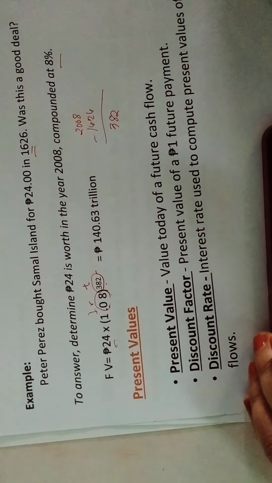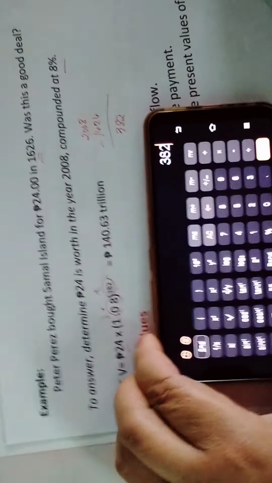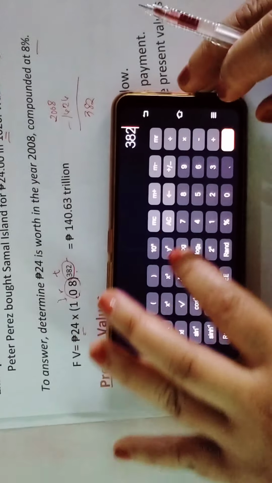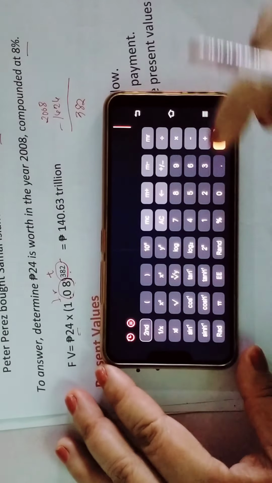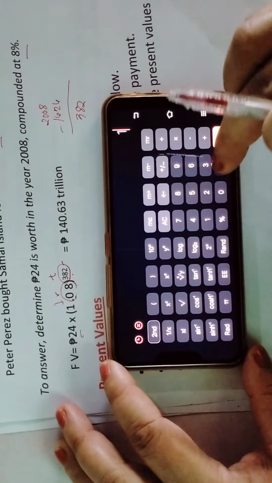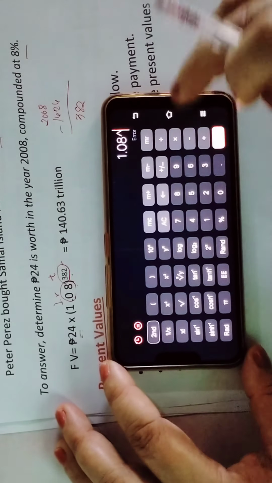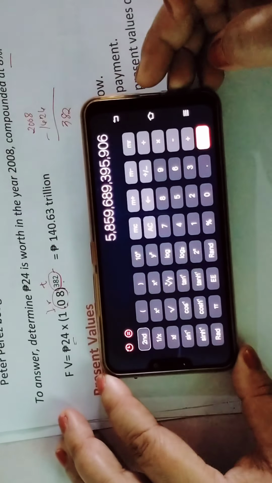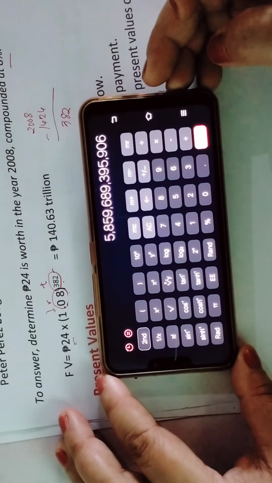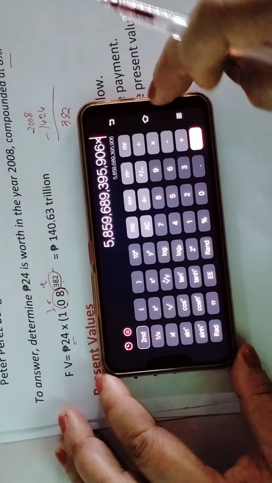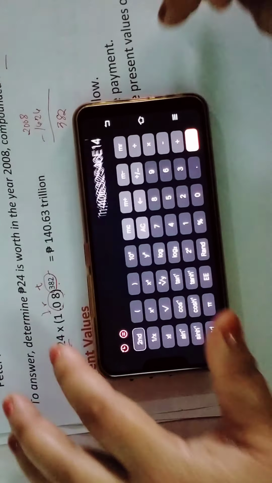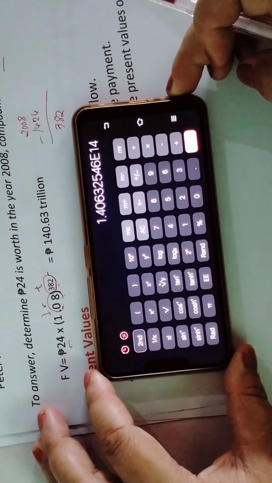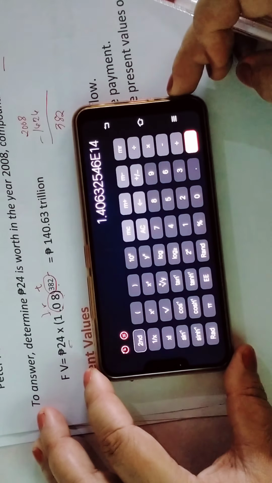Did you understand? Okay, let us solve it so we are curious. 1.08 to the power of 382 is equal to this. Then we times it by 24, because 24 was the purchase price. 140.6 trillion. Okay?